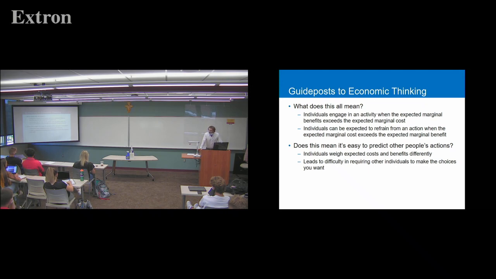Now, obviously, we can do this with products, but this has implications for all human activity. So if we think of voting, if it becomes more costly to vote, say it's raining, people are less likely to vote when it rains because the expected cost has increased and the benefit has stayed the same.